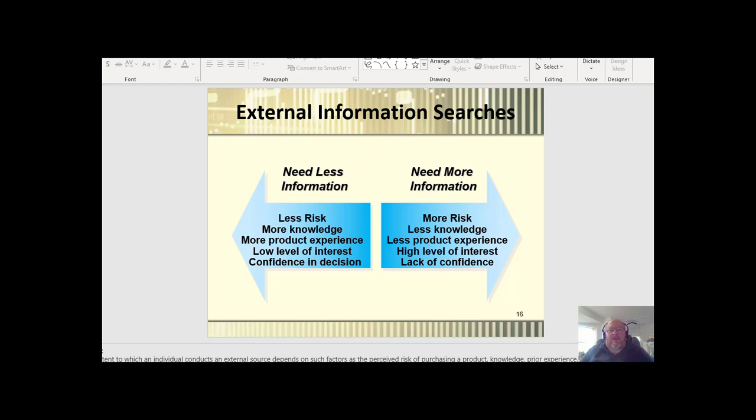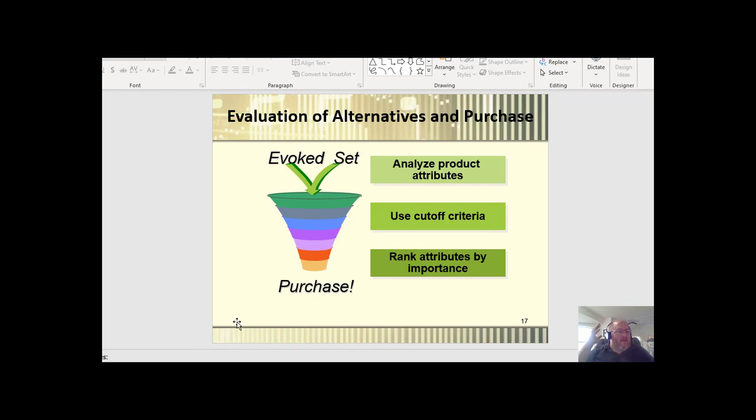Or do we need more information? More risk, less product experience, and a high level of interest. Of course, we need more information when we lack confidence. Then comes the evaluation of alternatives and, of course, the purchase and post-purchase.